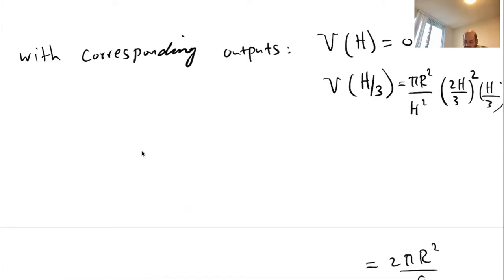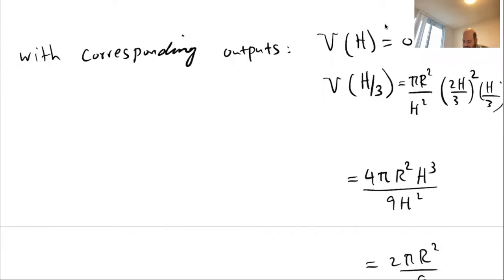Pi r squared, 4 pi. Okay, let's see whether the screen is frozen. Four pi r squared H cubed over 9H squared.